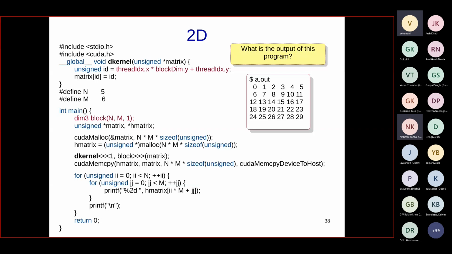Here for 2D, you are using x and y, sir. Or is this fixed, or can we change it as per our program's need, sir? This is my question. We need to get the unique thread ID. This is a 2D program. We use it in this way. For 3D or 1D, we can change it, right?